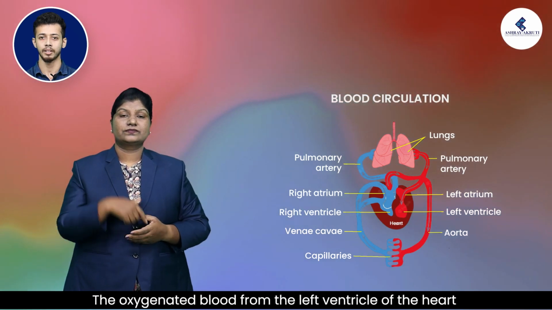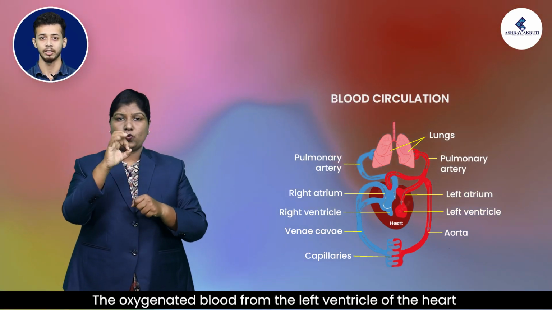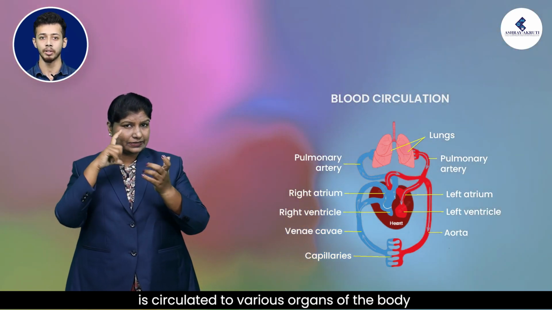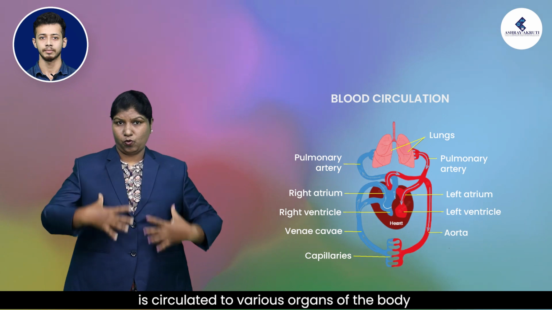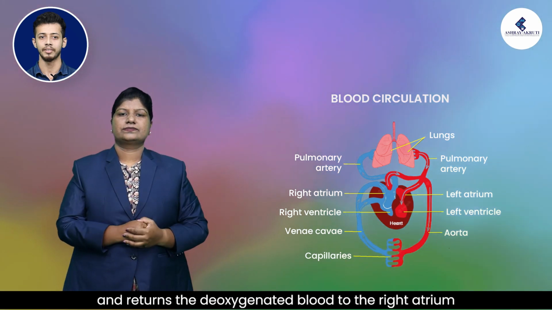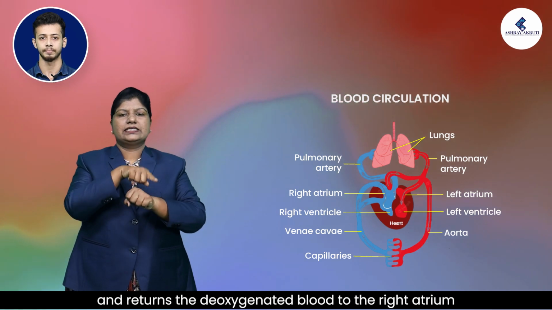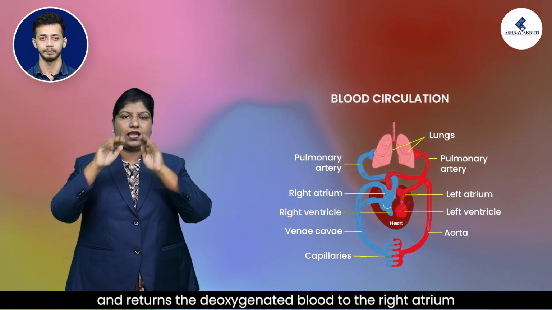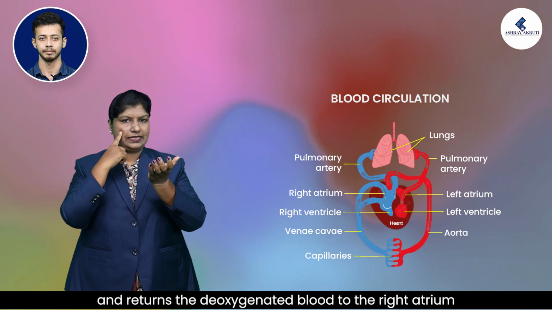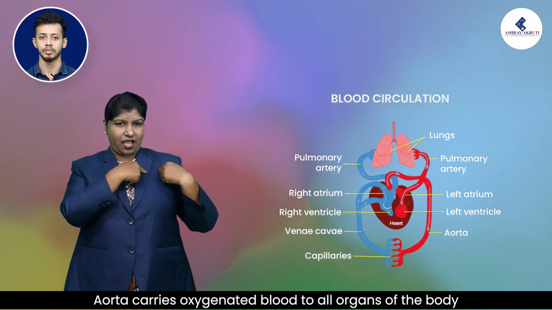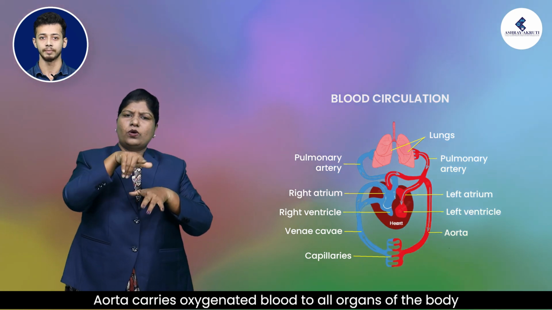The oxygenated blood from the left ventricle of the heart is circulated to various organs of the body and returns the deoxygenated blood to the right atrium. Aorta carries oxygenated blood to all organs of the body.